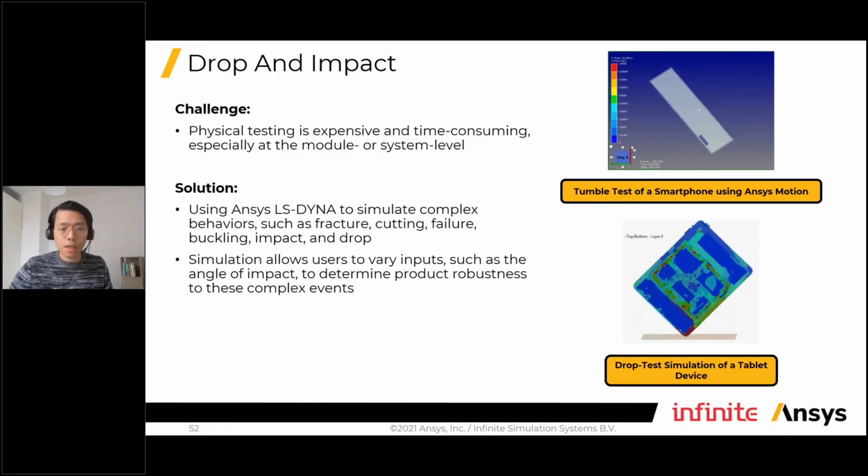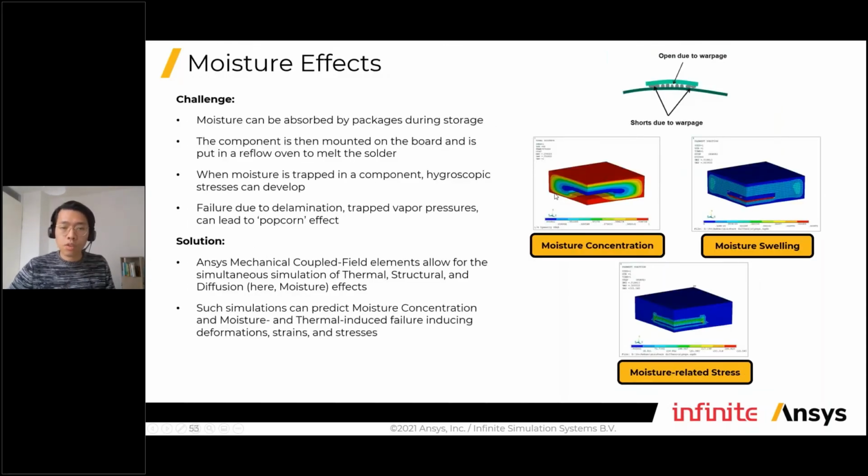Drops and impact, I think I already covered this part, so this is some more details. And also moisture effects. Once again, moisture effects is specifically for packaging, that once we package stuff, the moisture flows in, and then how it's going to distribute, diffuse into our solids, and then cause related stresses.